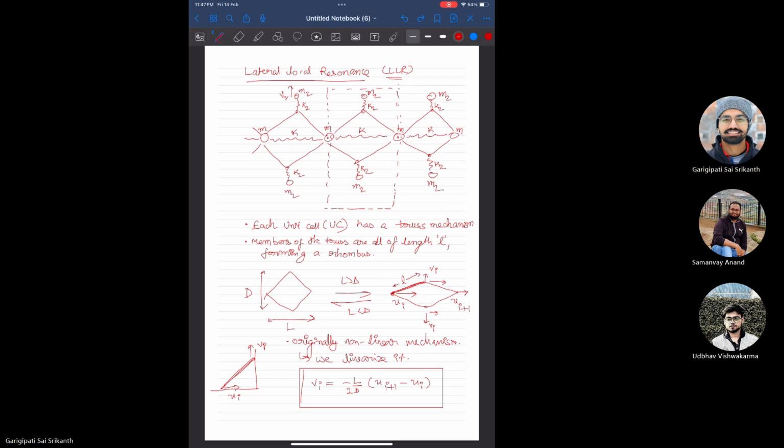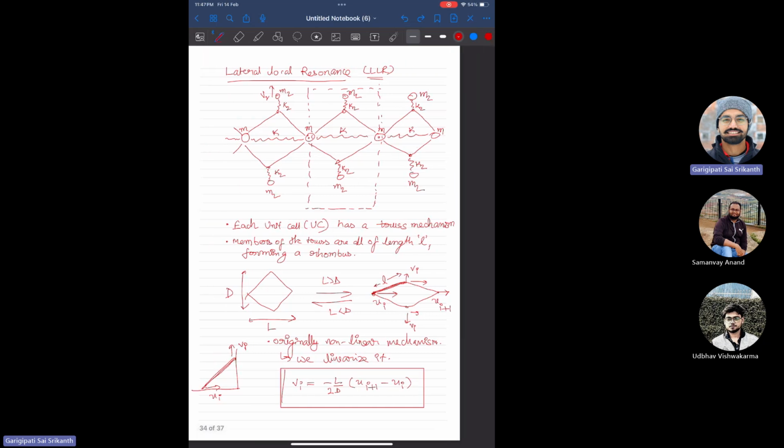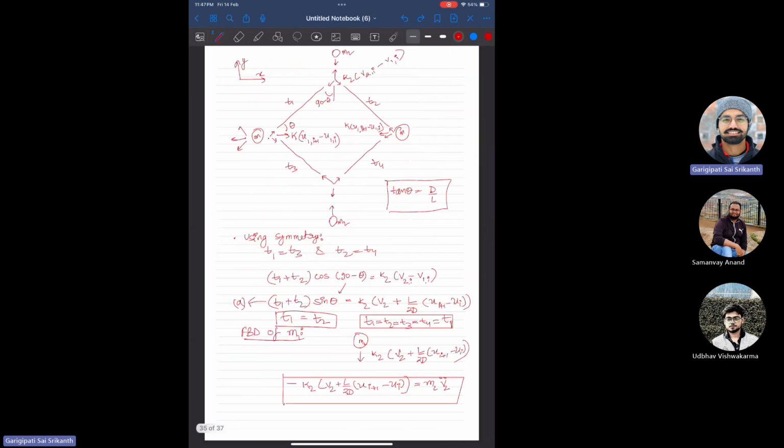However, what this model shows is that it hits the jackpot in capturing effective modulus. So that is why this model is also a bit complicated. There are multiple assumptions and lots of trusses.